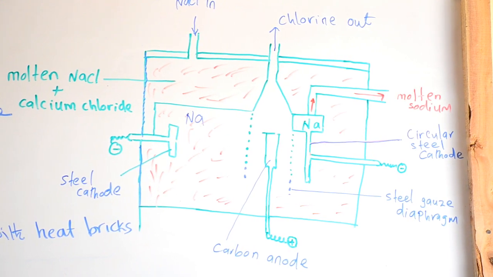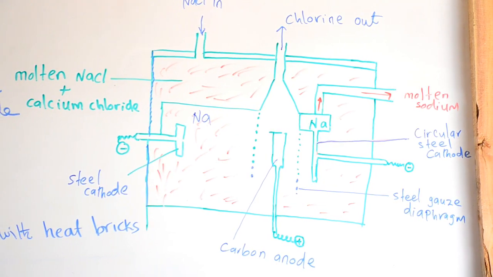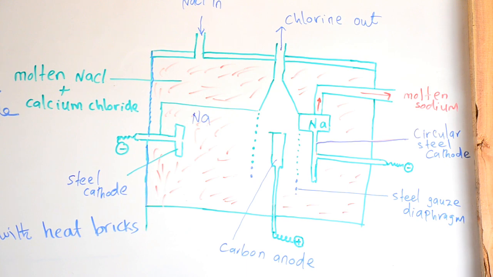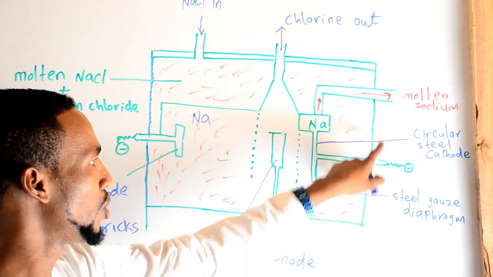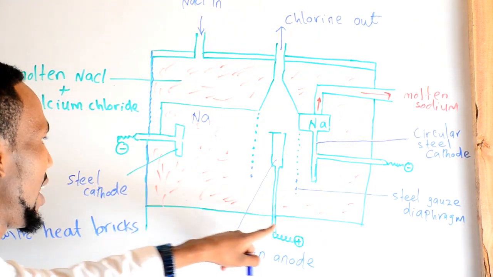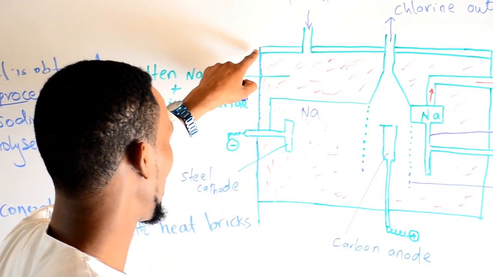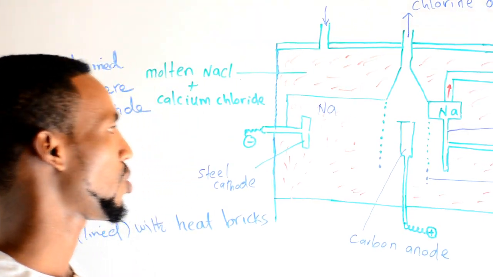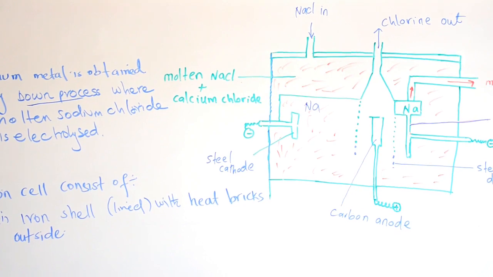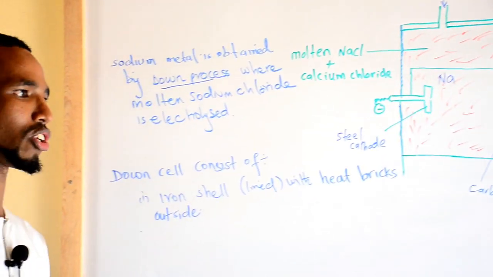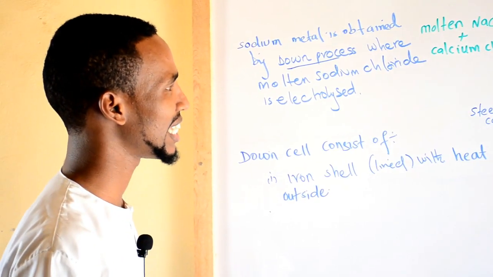To maintain the high temperature. So the heat resistant wall, which is covering this Downs cell, is to maintain the high temperature so that the electrolyte does not crystallize.